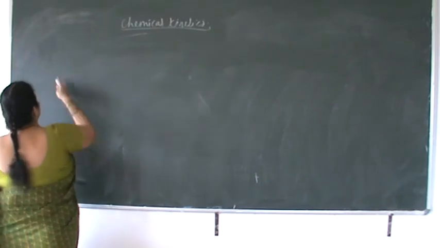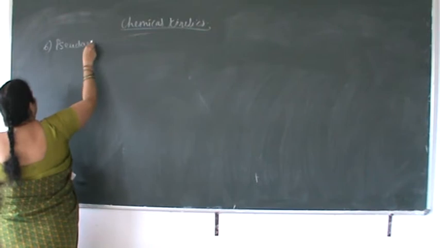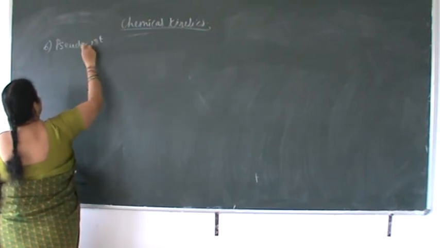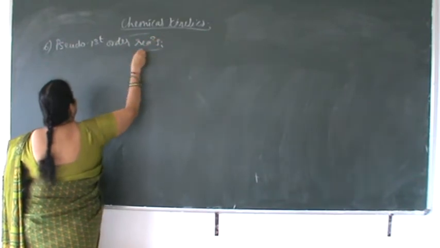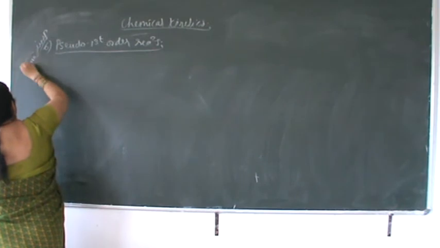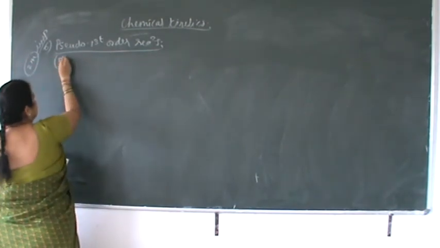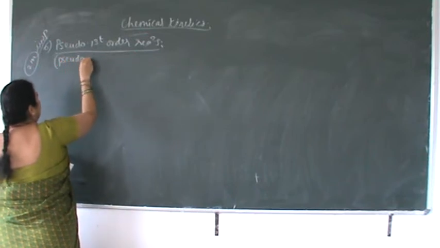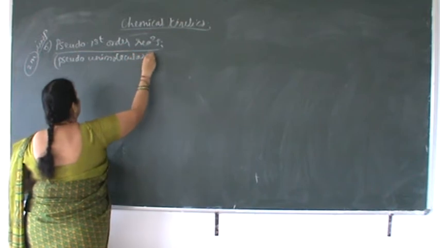Now the sixth one, type number 6, pseudo first order reactions. This is an important one, and it will be asked for 2 marks with examples. Pseudo first order reactions are also called pseudo unimolecular reactions.